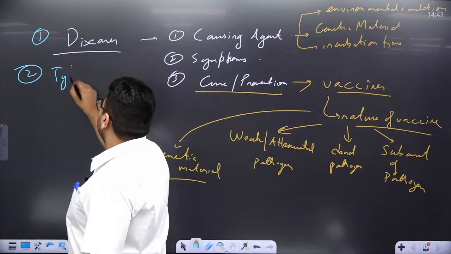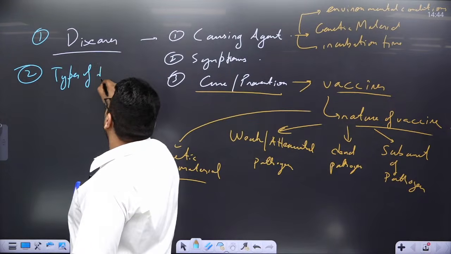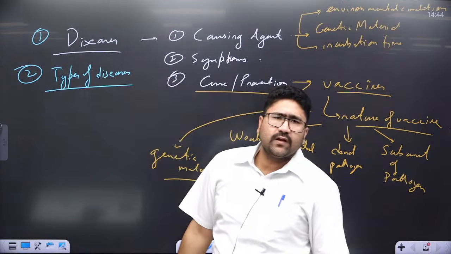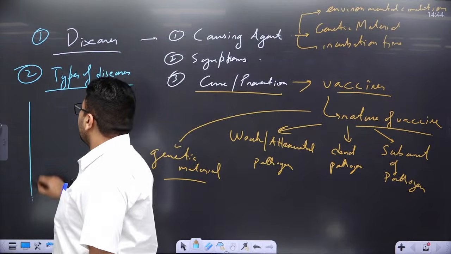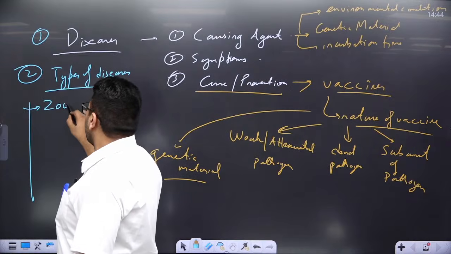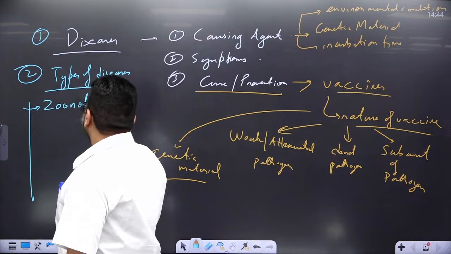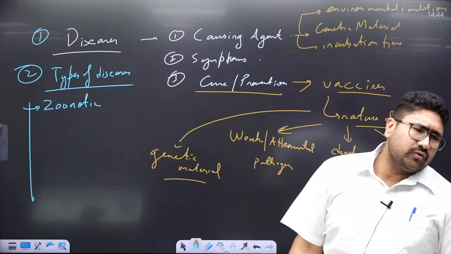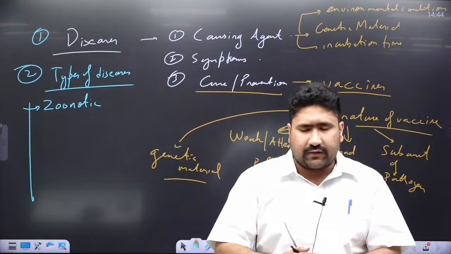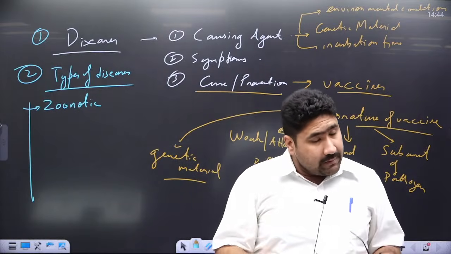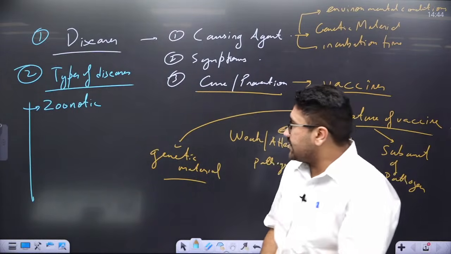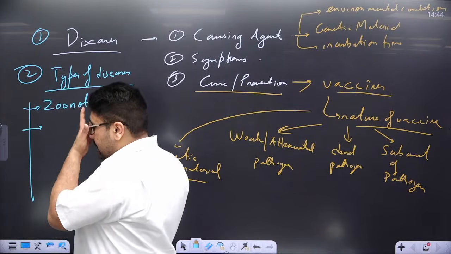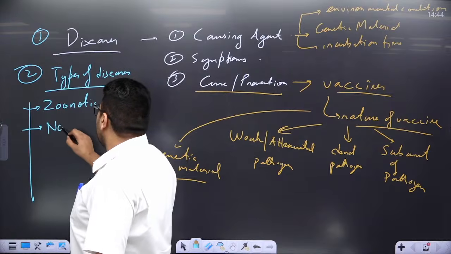When I talk about types of diseases, I am focusing on whether the disease is zoonotic or not. What do we mean by zoonotic? Zoonotic simply means that it can be transferred from animals to humans. The second thing we need to focus on is whether the disease is non-communicable or not.